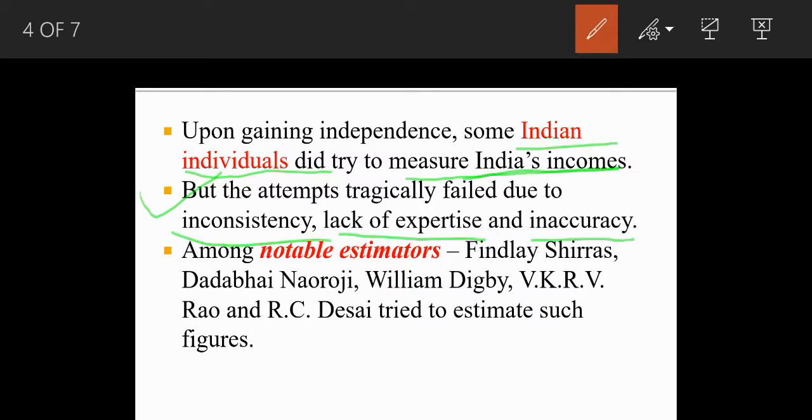As we have already seen, education was also captured by the British, so that is the reason the data calculated at that time was inconsistent.